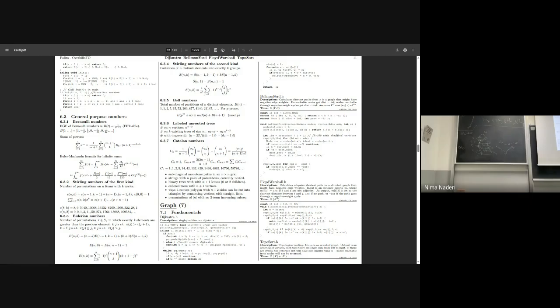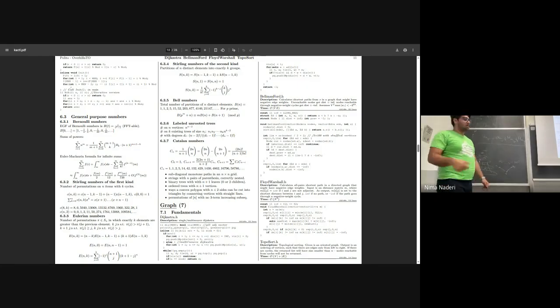Yeah, Bellman-Ford is single source, and we update all of those in time V times E. So basically it's a single source algorithm, not for all pairs. I guess it can be multi-source, but then it's the shortest path from any of these sources. Yeah, it's not all pairs.